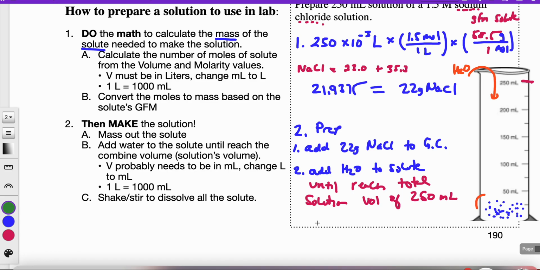The big idea here is that a solution's volume is equal to the volume of the water plus the space or volume occupied by my solute. Those two things combined make the whole solution. So the 250 is the volume of the whole solution, not the volume of the water, not the volume of the solute.